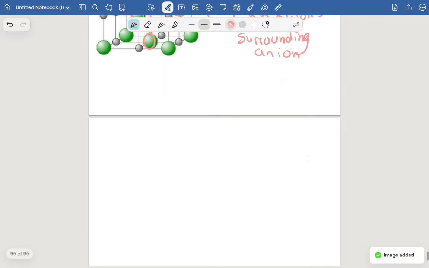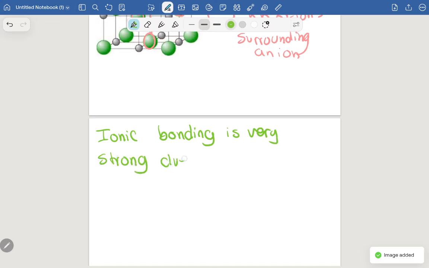Now, there is a concept on why ionic bonding is very strong. Very simply, we can say that ionic bonding is very strong due to multiple electrostatic forces of attraction.